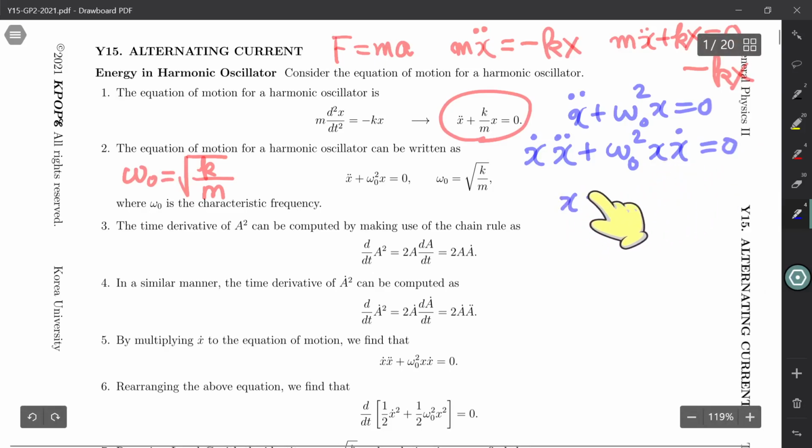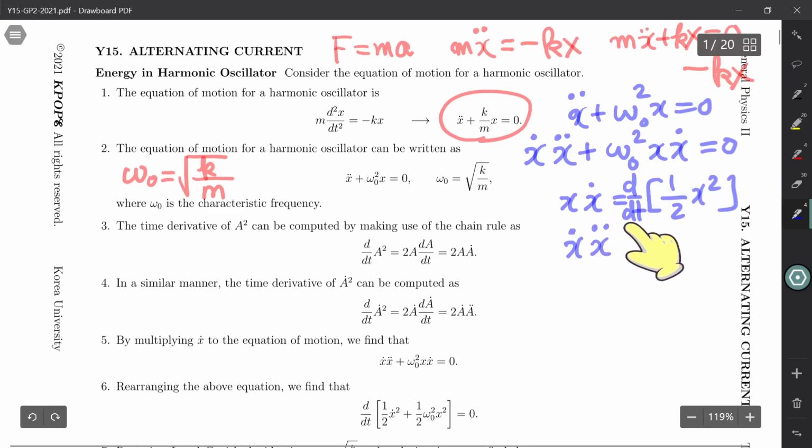Then x x dot is this, and x dot x double dot is this.